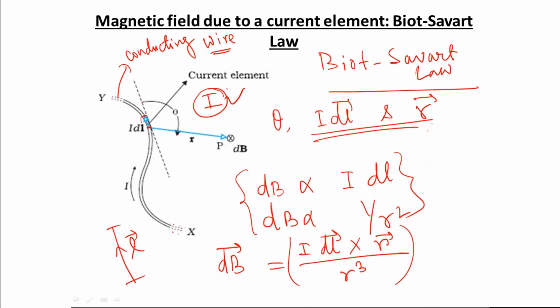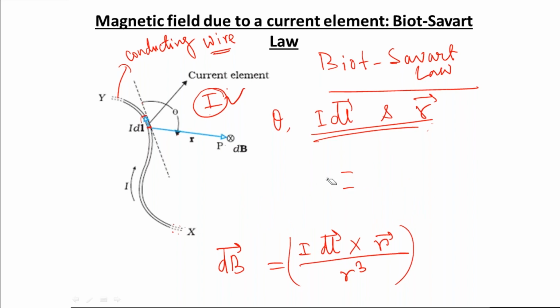If you have been given a straight wire with the length given, in place of dl you can write exactly Il. Then I can write Il cross r by r cube. I'll request you to remember Biot-Savart law in terms of this vector. Don't go for remembering the scalar form, which I'll be writing now.